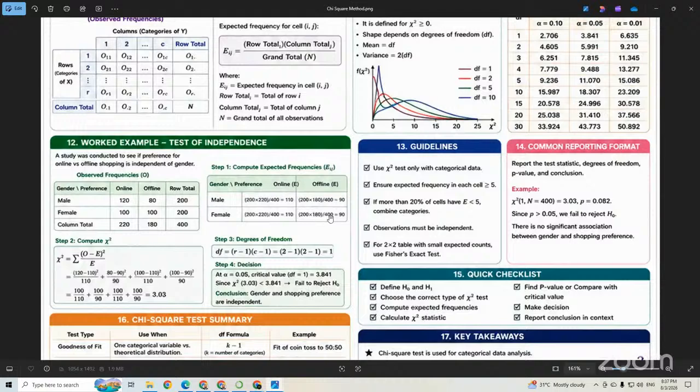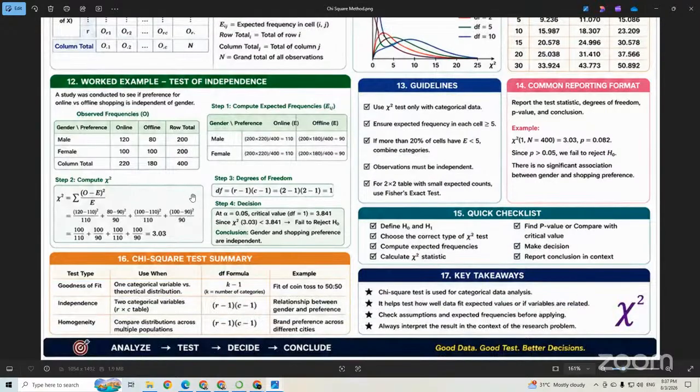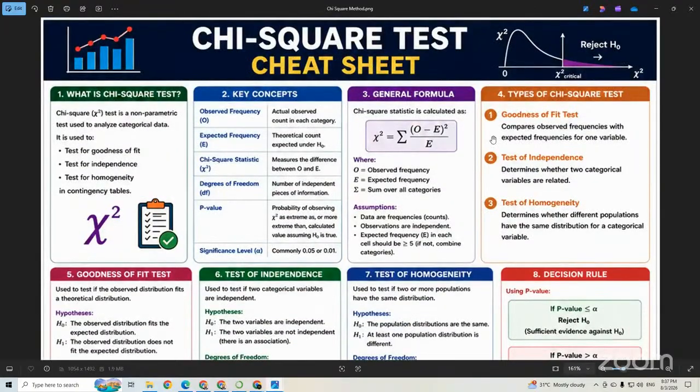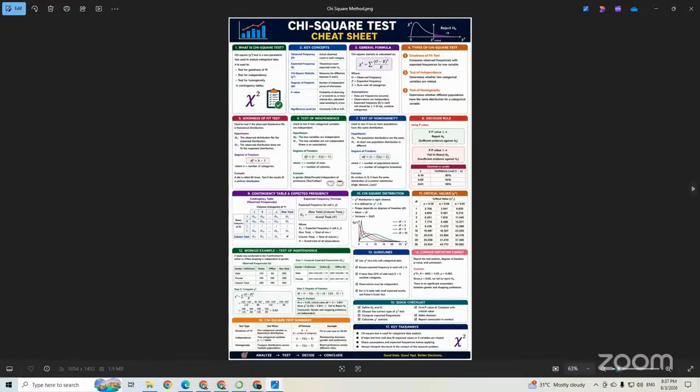If you want to calculate manually, examples and formulas are given here. Please go through the entire information I tried to introduce in this cheat sheet. I think one more session is required to complete all the examples.